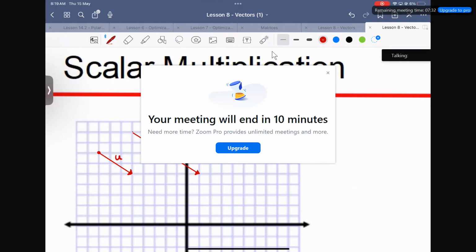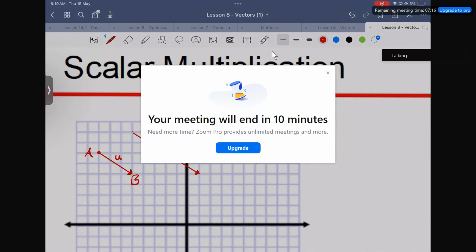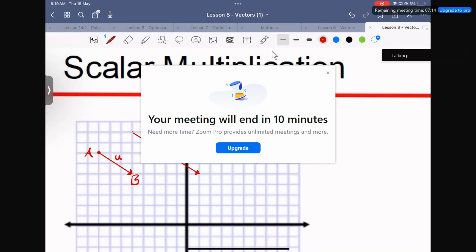And you see from where you start to where you finish what the vector is. We can give the vector endpoints. So this is from A to B, and this is from C to D. Both of these are going to have different start and stop points.